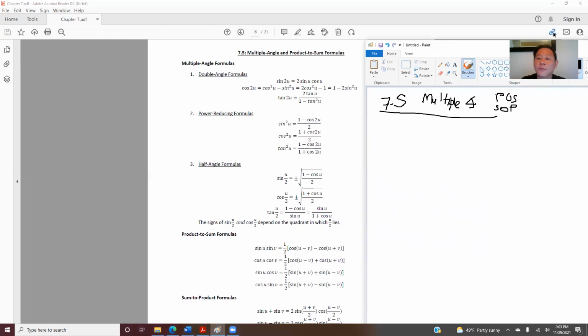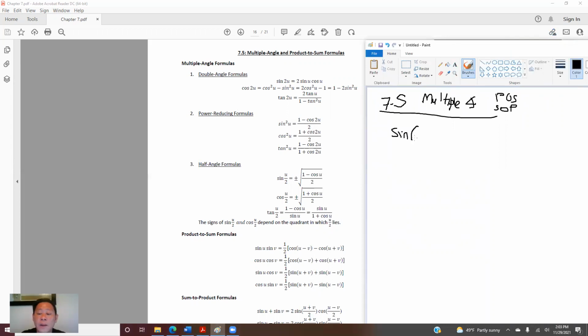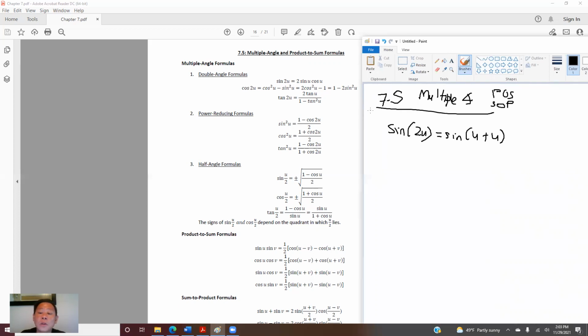Where they got this formula, sine 2u is 2 sine u cosine u, we can prove that. In order to prove the double angle formula, you use the sum of 2 angles. This is what you guys did in 7.4. To prove that sine 2u is 2 sine u cosine u, we use sine of u plus u.